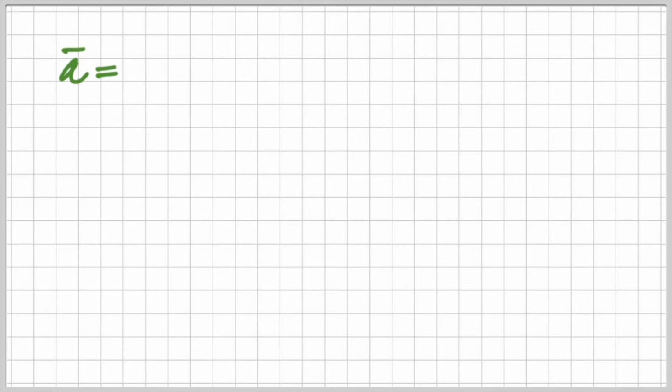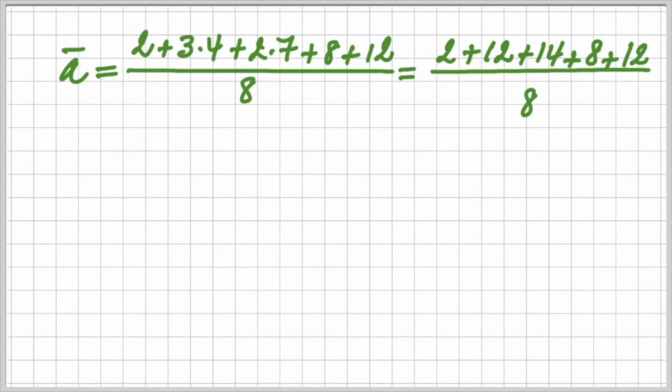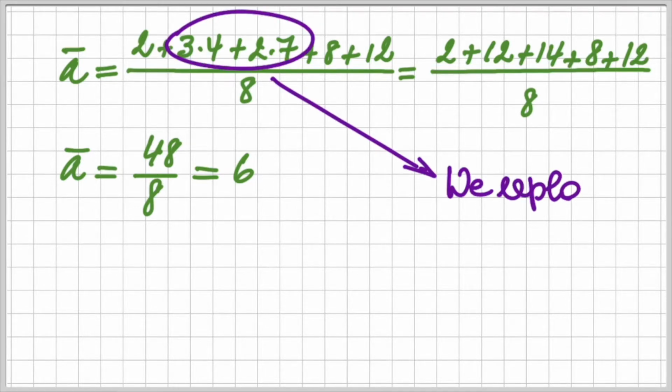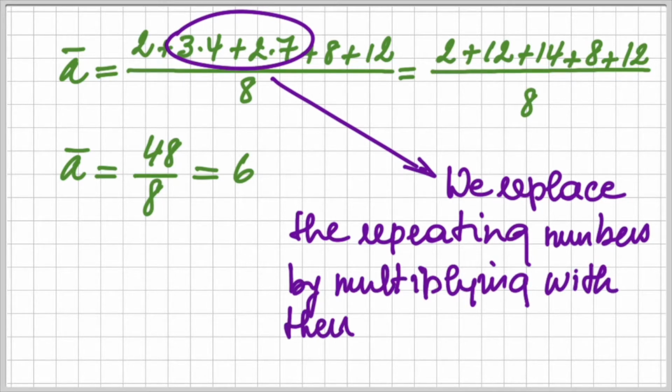So now we have 2 plus 3 times 4 plus 2 times 7 plus 8 plus 12, divided by 8. That gives 2 plus 12 plus 14 plus 8 plus 12, a total of 48 divided by 8, and we find that this is 6.